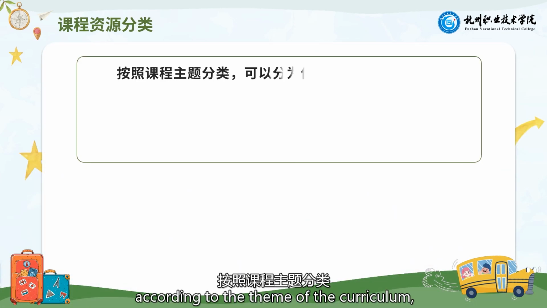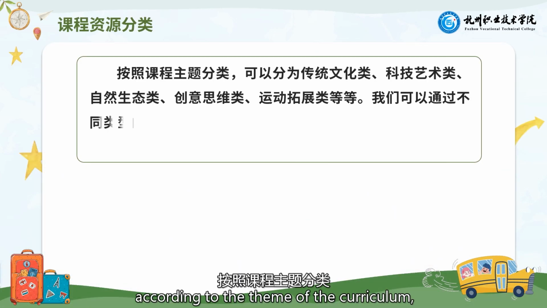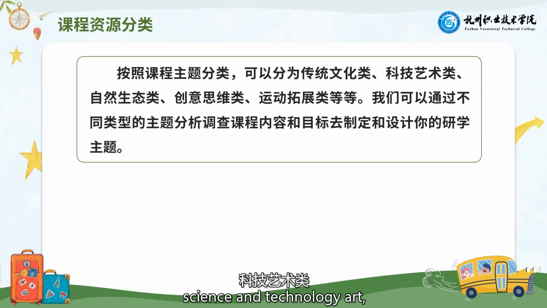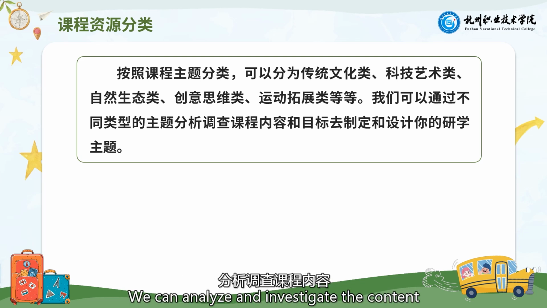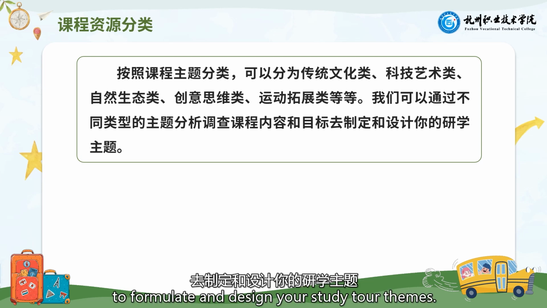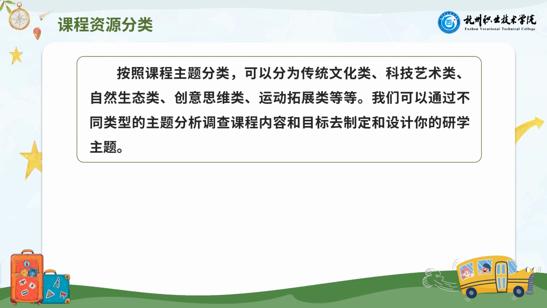Secondly, according to the theme of the curriculum, it can be divided into traditional culture, science and technology art, natural ecology, creative thinking, sports expansion, etc. Through different themes, we can analyze and investigate the content and objective of a curriculum to formulate and design our study tool themes.